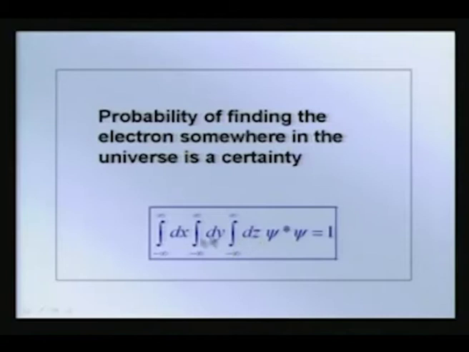If you calculate that probability and add all these probabilities dx dy dz over the entire domain, the entire universe, that is the integration, then the total probability is of course 1, because the electron, once it is put in, is somewhere in the universe.